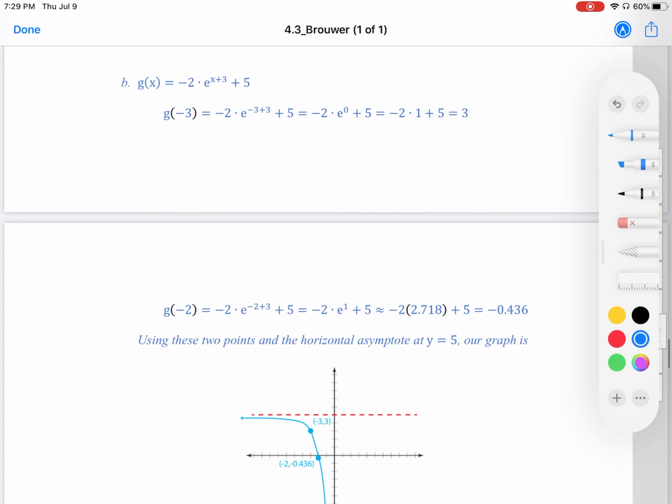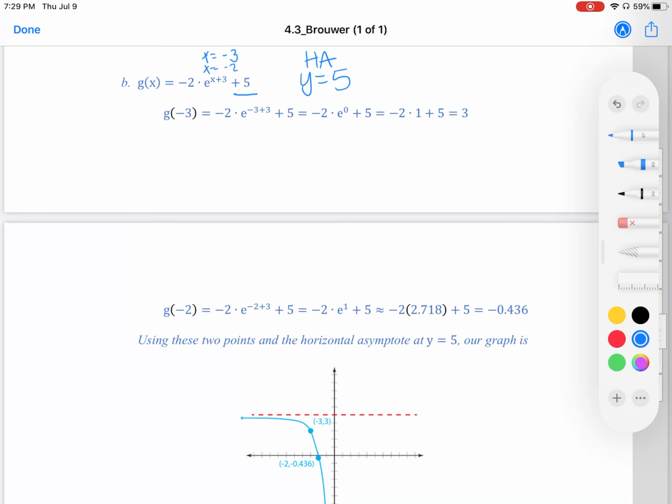Let's take a look at B with some transformations. So we notice we have a horizontal asymptote with a 5, so I have y equals 5 for a horizontal asymptote. Now let's pick 2 more points to plot our graph. All right, let's let x equal -3 and one more bigger, so x equals -2.